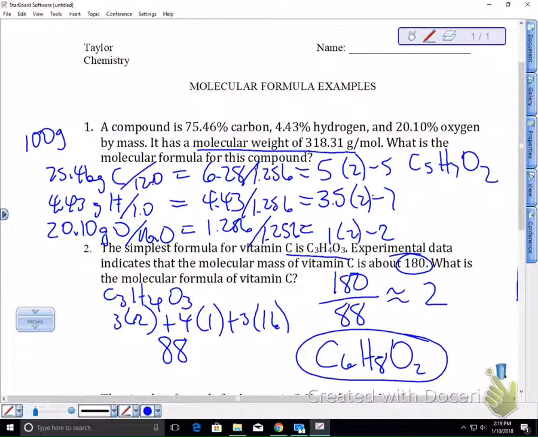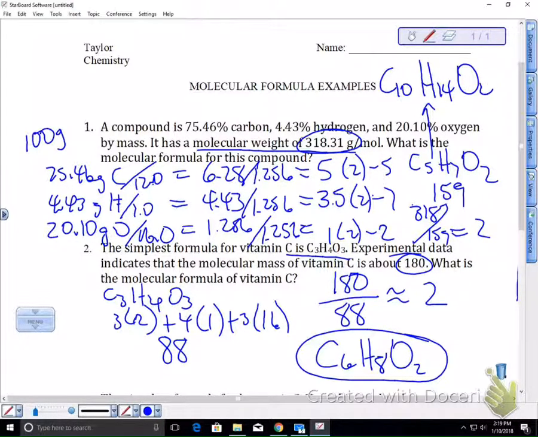And if we add up all the weights of the elements there, we get the molar mass to be 159, which does not equal the 318. So let's divide that. 318 divided by 159, and that's going to be right at 2. So our molecular formula will be C10H14O4.